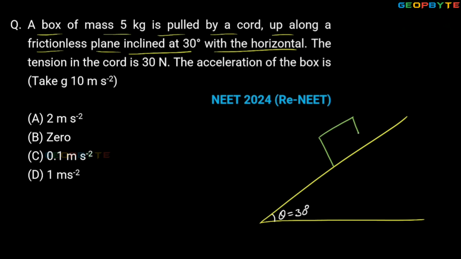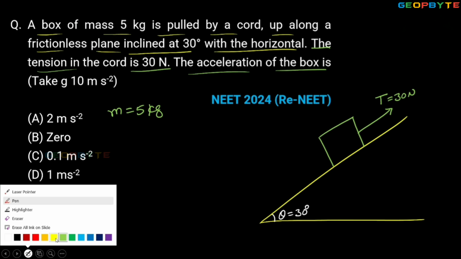This is the box. Mass of the box is given 5 kilograms, and it is pulled up by a cord with a tension, let it be T. The tension in the cord is 30 newtons. This tension T equal to 30 newtons. You're asked to decide what is the acceleration of the box.